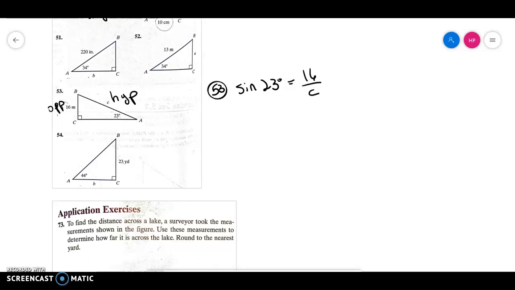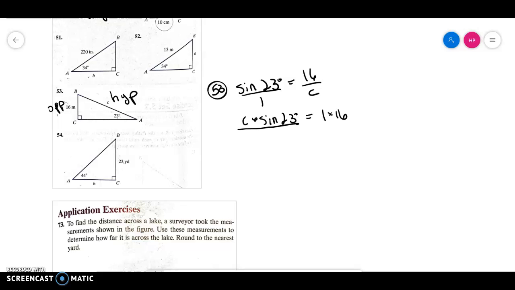This time I can't multiply both sides by 16 to solve. This one's a little different. The end result will be easy enough to work through, but I think it helps to think of this first as a fraction on the left so that I can cross multiply. So if I take C times the sine of 23 degrees, and multiply 1 times 16, I really end up with just a 16 on the other side.